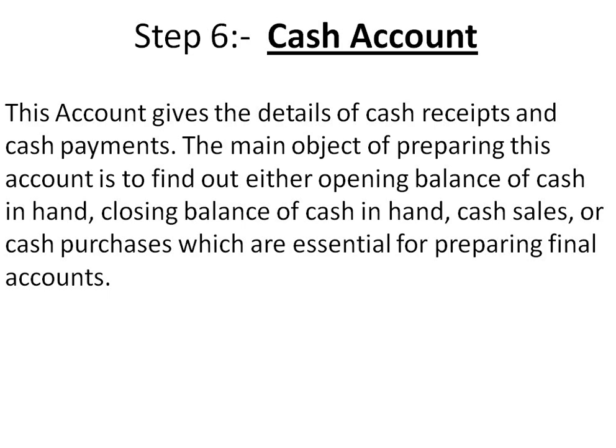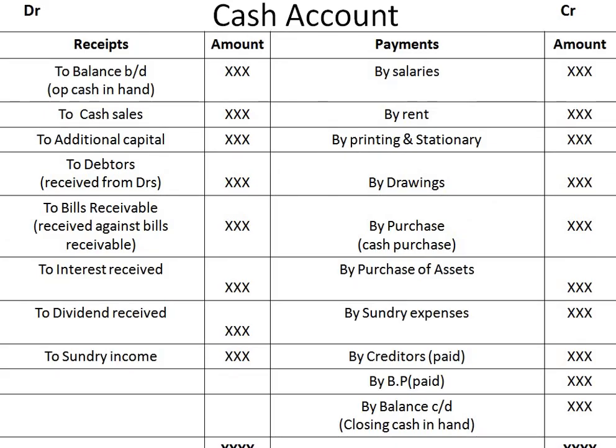Alright, so this is how the cash account looks like. To the debit side you have cash receipts and to the credit side you have the cash payments. So to the debit side, that is the receipt side, you have to balance brought down, that is opening cash in hand. Next is you have cash sales.